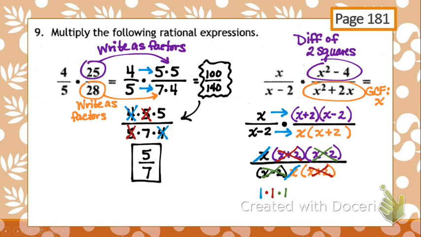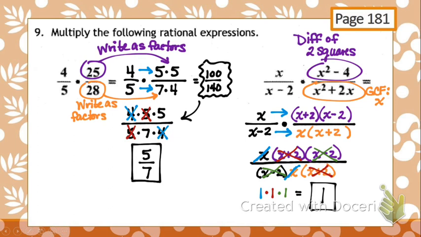So how does this whole thing simplify? 1. If everything cancels, it simplifies to just 1. That's true if everything in my numerator cancels, but I still have stuff in my denominator. My numerator would be a 1. Anytime I have a side of a fraction where there's nothing left because everything canceled, there's still a 1 there.